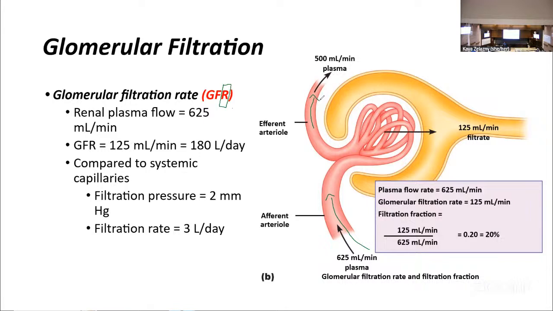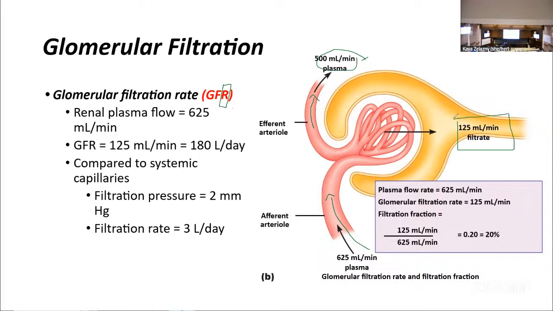So we can see that we still have some plasma leaving our kidney. Okay. So our glomerular filtration rate is going to be the difference between those two numbers, right? So if we had 625 milliliters of fluid in the plasma coming into the kidney and you only see 500 milliliters leaving, that 125 went somewhere, and where it went was into the many nephrons that compose your kidney.